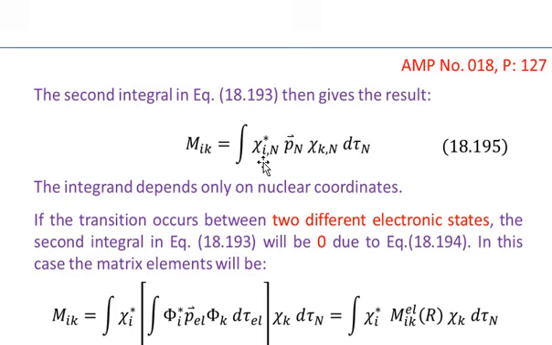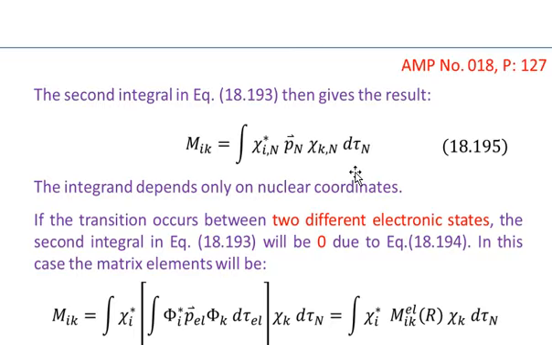Of course, here again, chi i and chi k belong to the same electronic state with respect to the nuclear point of view. The integral depends on nuclear coordinates, of course, because it contains Pn, and also chi i and chi k are the nuclear wave functions corresponding to the same electronic state i and k.